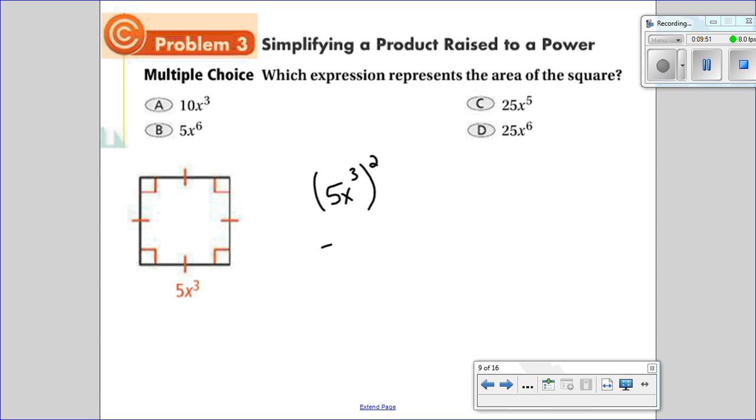So that means we have 5 squared times x to the third squared. 5 squared is 25. X to the third, we multiply these. So that's x to the 6th. Right there, D.